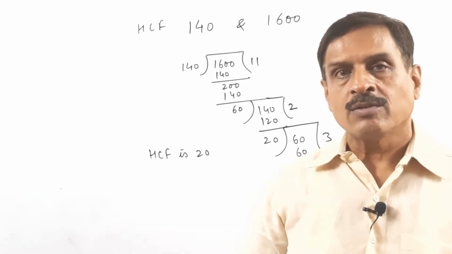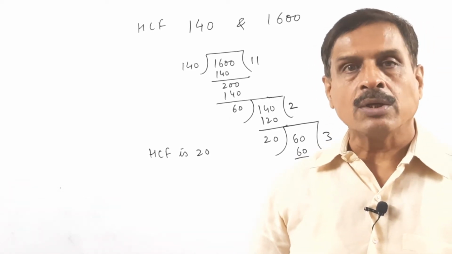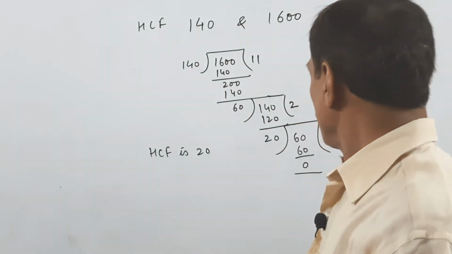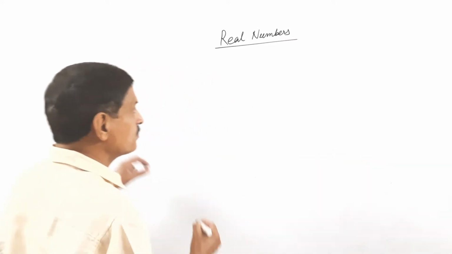Next is finding HCF using Euclid's algorithm. HCF may also be obtained by using Euclid's algorithm.